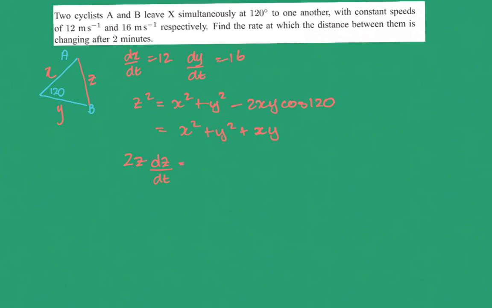So 2z dz/dt, we're doing implicit differentiation here, differentiating everything with respect to t. And using the product rule here, so first times the derivative of the second plus the second times the derivative of the first.